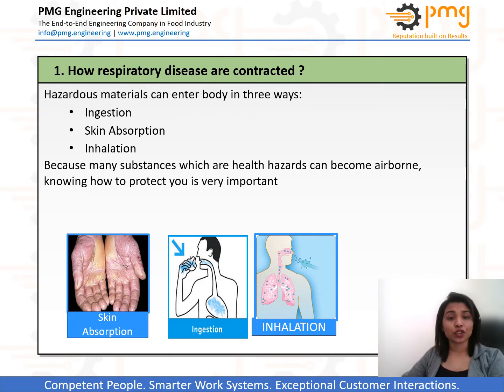Lung is part of a complex system, expanding and relaxing thousands of times each day to bring in oxygen and send out carbon dioxide. Lung disease can happen when there are problems in any part of the system. Workers' respiratory system can be affected when hazardous material in any form comes in contact through ingestion, exposure to skin, and inhalation from the surroundings.